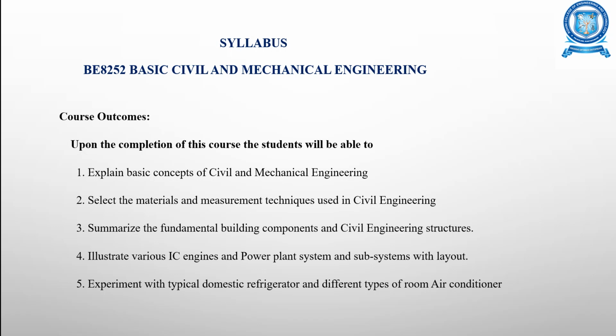And from Unit 4, the students will be able to illustrate various IC engines and power plant systems and subsystems with layout. And finally, in the 5th unit, the students will be able to experiment with the typical domestic refrigerator and different types of room air conditioner.